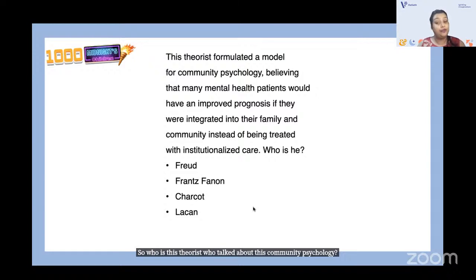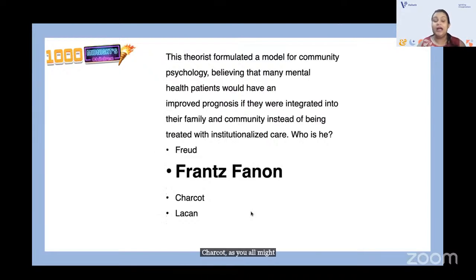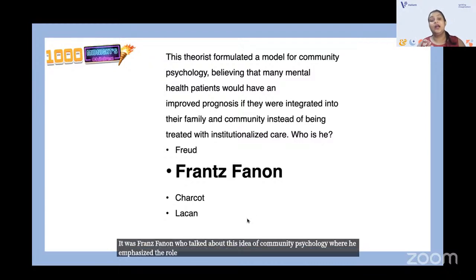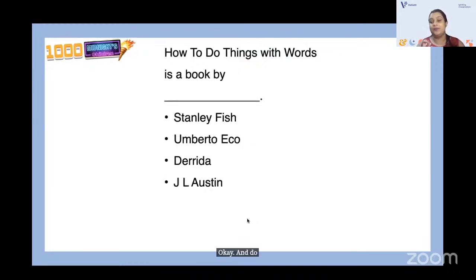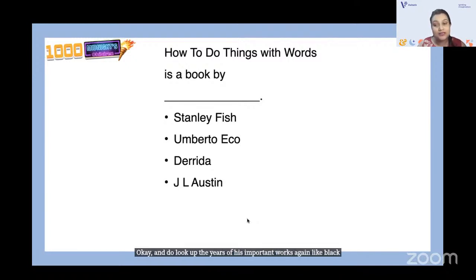Freud, Frantz Fanon, Charcot, or Lacan? Charcot, as you all might know, was a very famous doctor for hysteria. It was Frantz Fanon who talked about this idea of community psychology, where he emphasized the role the families and the near and dear ones might play in the life of the mental health patients.